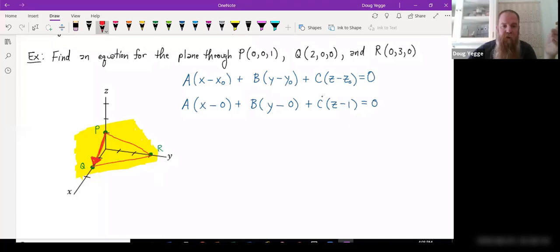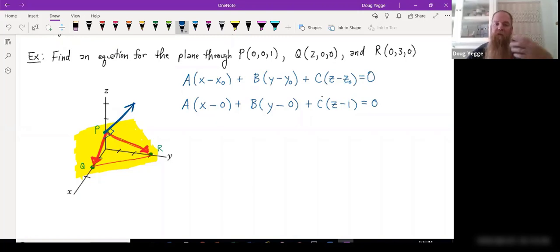So what if we were to look at this vector PQ, and then this vector right here, which would be PR. If we find those 2 vectors, we could find a cross product, which would essentially just be the vector that's sticking out of this plane that's going to be orthogonal to both of the vectors.